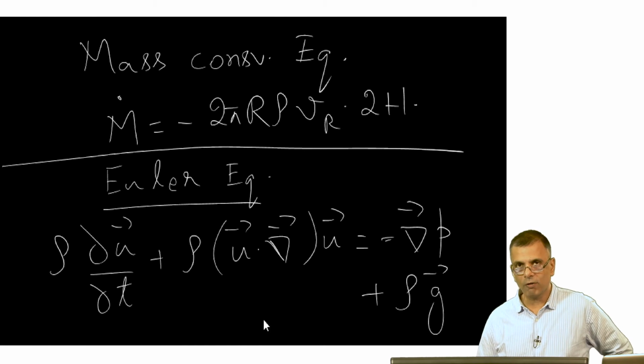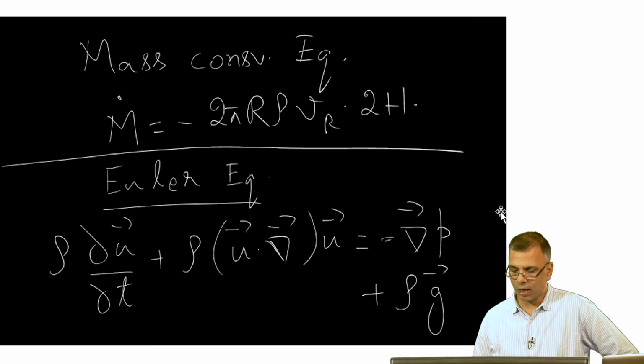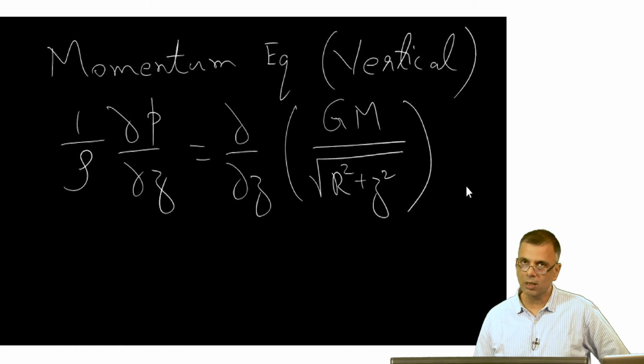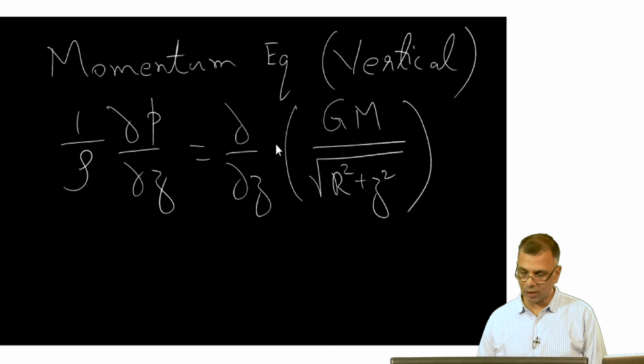In the vertical direction, you only have a competition between the pressure gradient and gravity. That is all. So, this entire thing is essentially minus rho times small g.